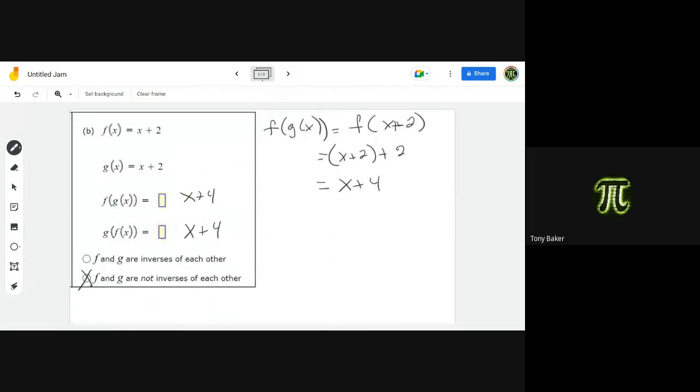They have to put the domain restriction in there because it's a fraction. Yeah, let's do that one first.